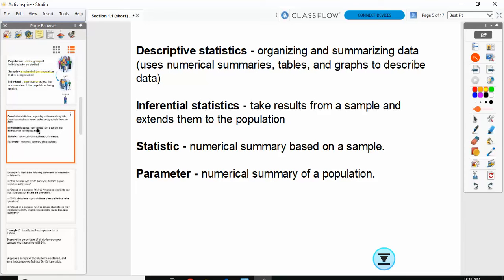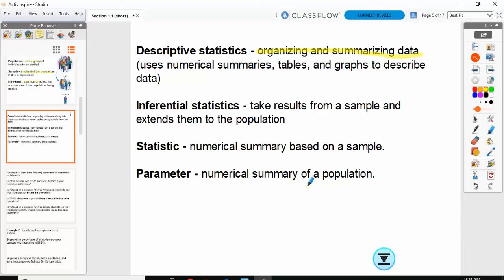So, going back up, under statistics, the whole realm of statistics really falls into two different groups, descriptive and inferential. You can paraphrase here if you want. Descriptive is organizing and summarizing data. I'm taking my data and I'm just showing you what I found.